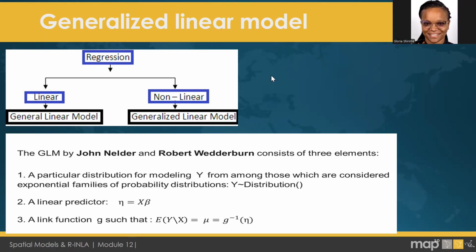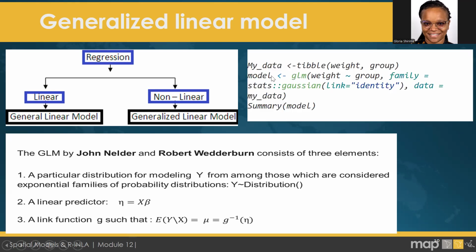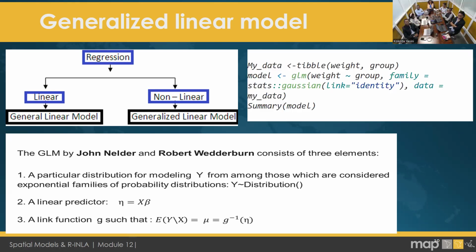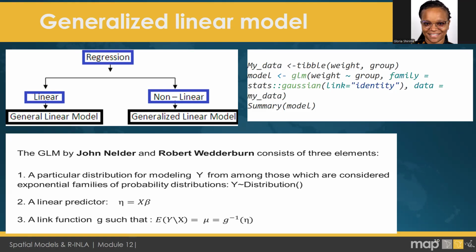And next is a piece of code which we can use to write a model in R, where we use glm as a function, which is from a package called, I think, lme4. But there are various packages that we can use to do generalized linear models or just regression models.